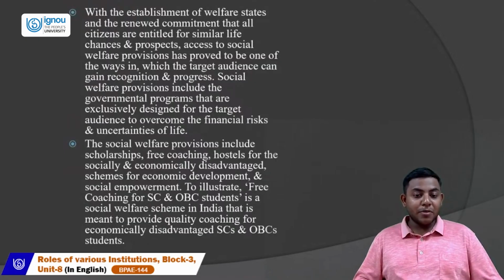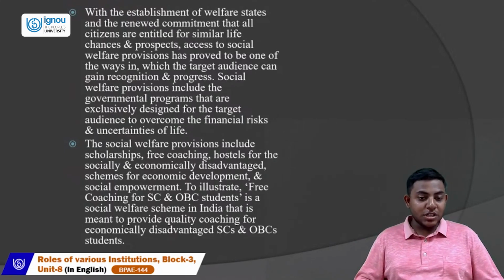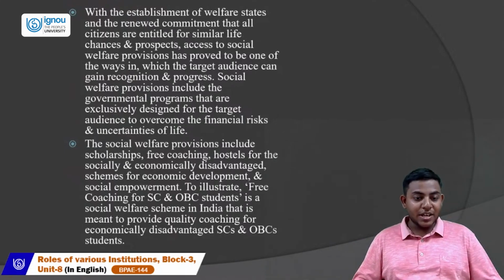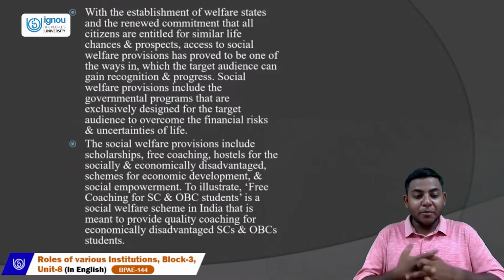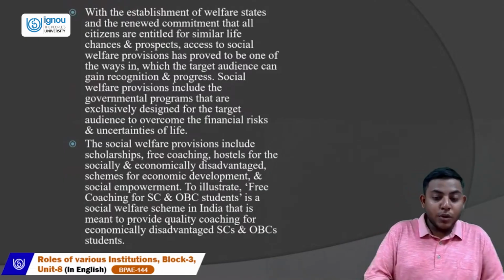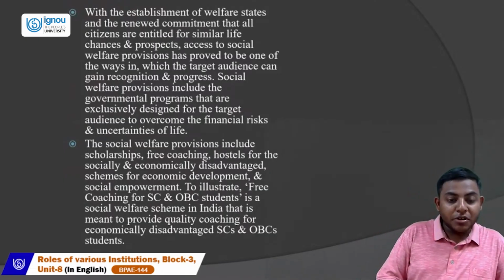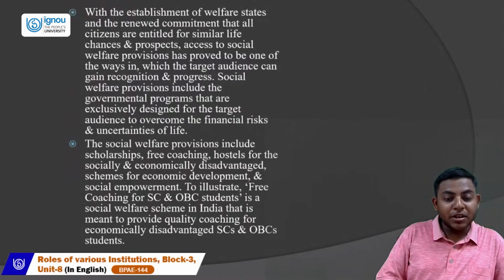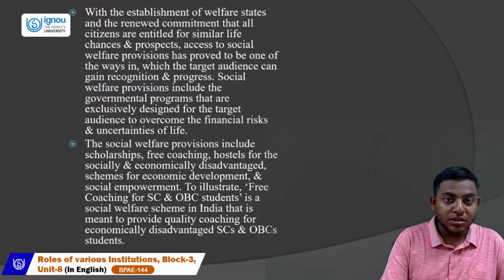They include scholarships, free coaching, hostels for the socially and economically disadvantaged, and schemes for economic development and social empowerment. To illustrate, free coaching for scheduled castes and other backward classes students is a social welfare scheme in India that is meant to provide quality coaching for economically disadvantaged scheduled castes and other backward classes students.